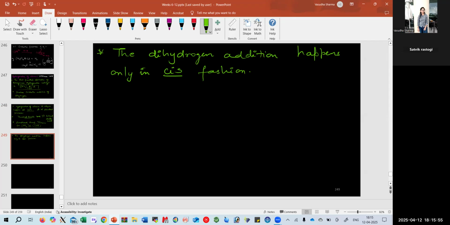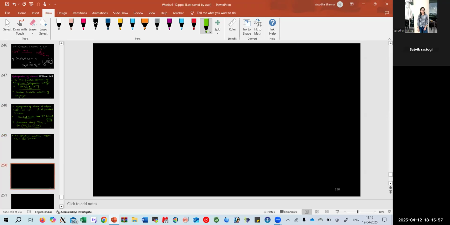Let's quickly look into the mechanism of the Wilkinson catalyst performing hydrogenation of alkenes. So as I mentioned, we have P3RhCl, where we are just saying that P is PPh3.